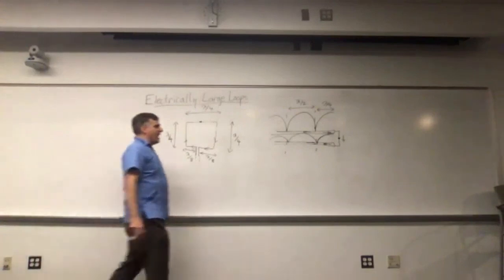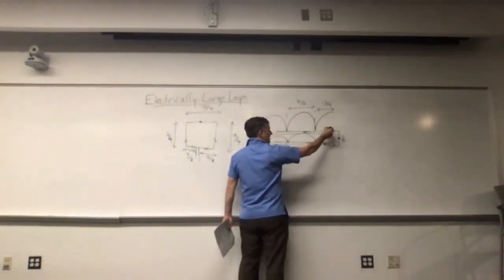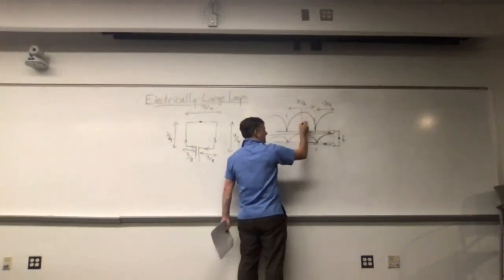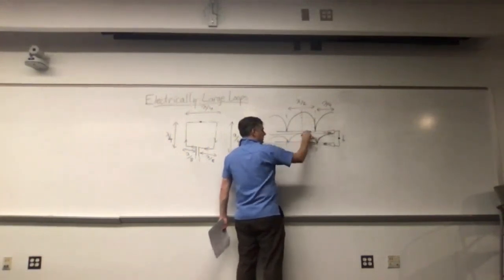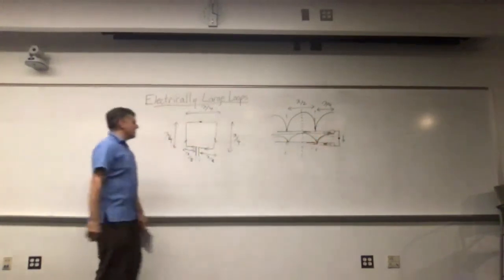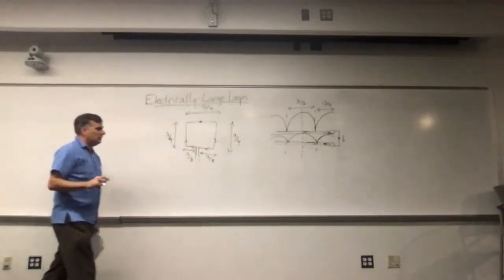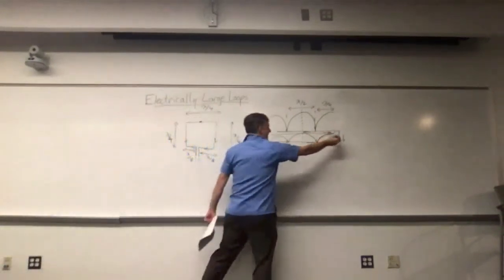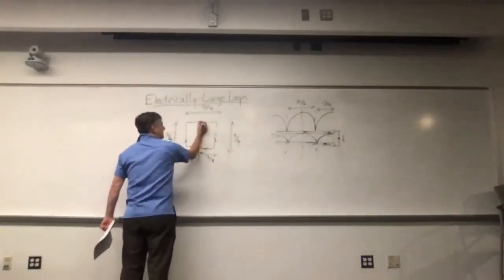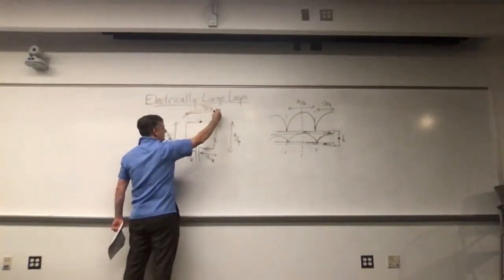So if I go a half a wavelength around here, I'm actually right in the middle of this peak. So this is the section that I need to bend around my square loop. Well, conveniently, here at the end, remember that corresponds to this point, I have a really nice peak.